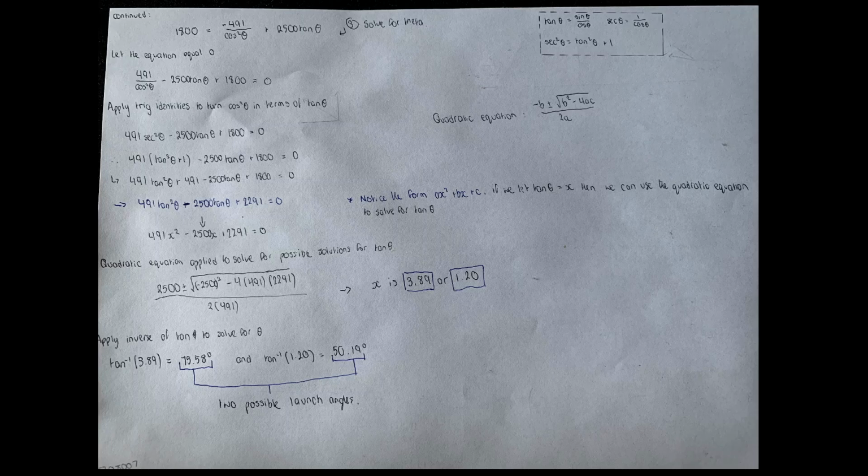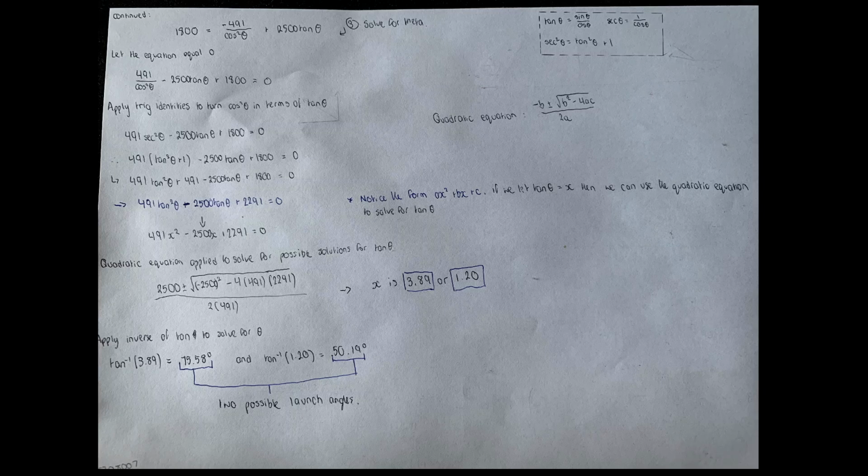Moving on to the next image, we have the same equation we just had, and this time we are going to solve for theta. First of all, we let the equation equal 0, so we move everything on the right side to the left, which gives us 491 over cos squared theta minus 2500 tan theta plus 1800 is equal to 0.